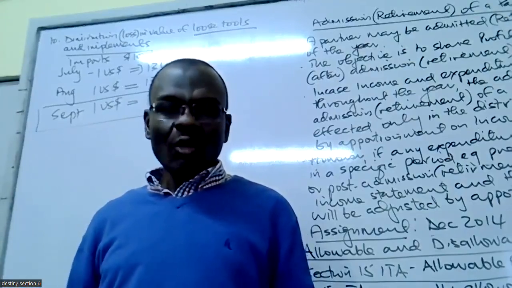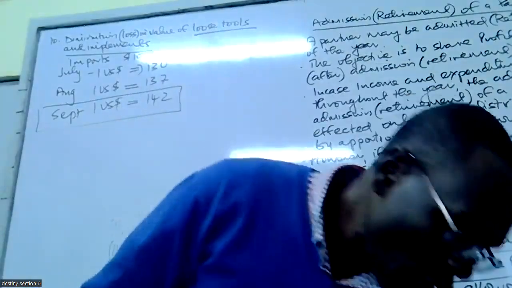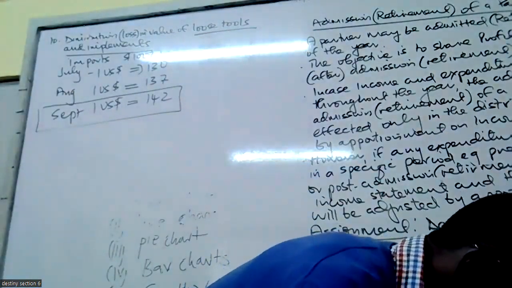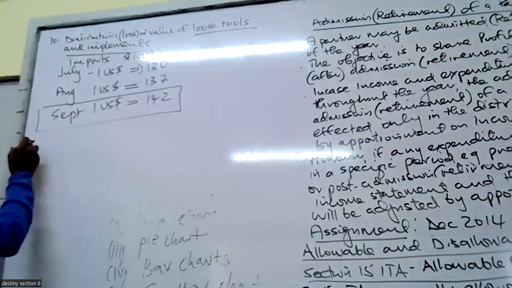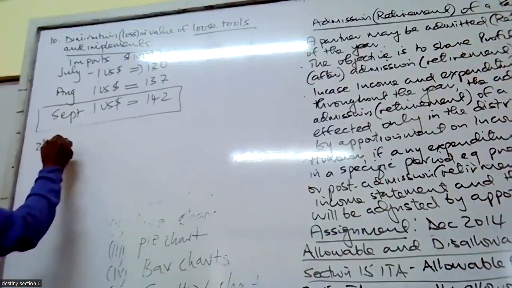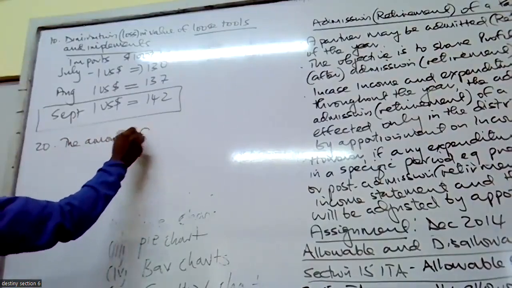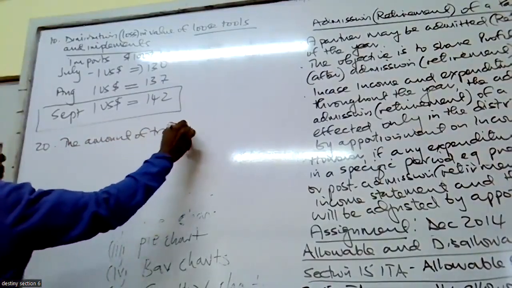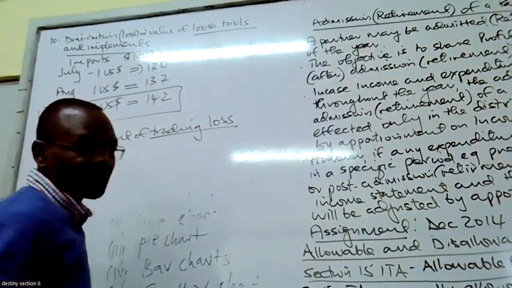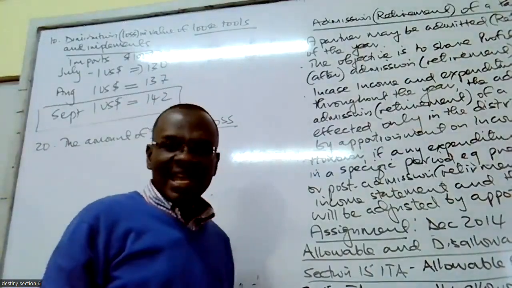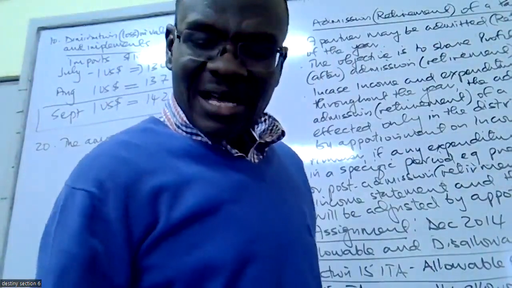Probably I mentioned one more, number 20. The amount of trading loss of a business. The trading loss here refers to disposal of assets.